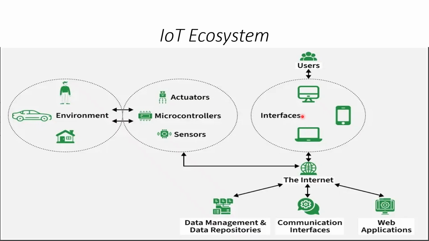What is interfaces? It provides interaction between users and the IoT system devices. Here, computers, smartphones, tablets, etc. are all the interfaces. Then users. What is user? End users who are going to use our IoT device are known as the end users.